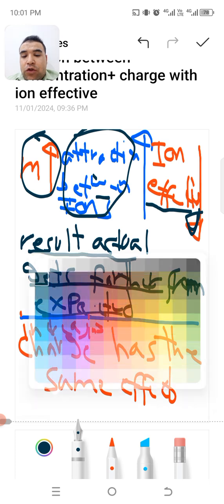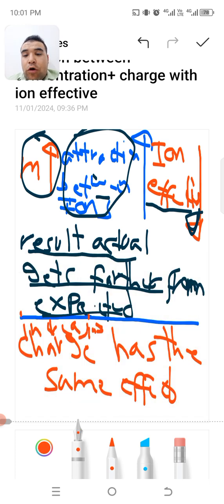Suppose that the electrolyte is KCl, with 1 molality, 0.5 molality, 0.3 molality, and 3 molality. So among these values, which one has the highest difference between the actual and expected value?